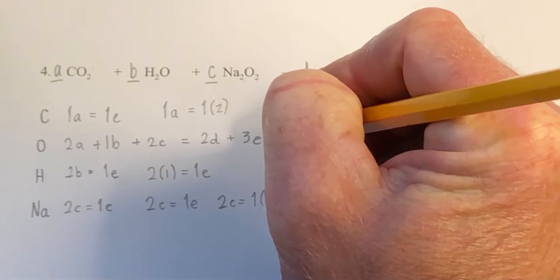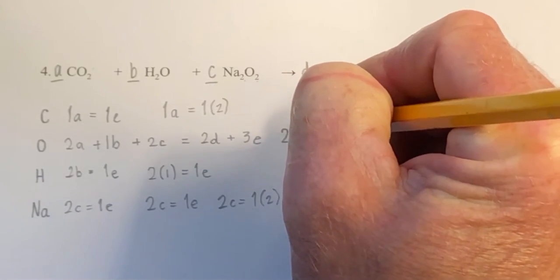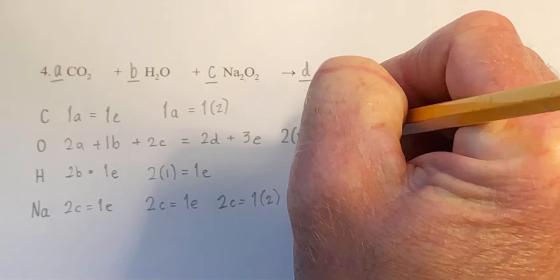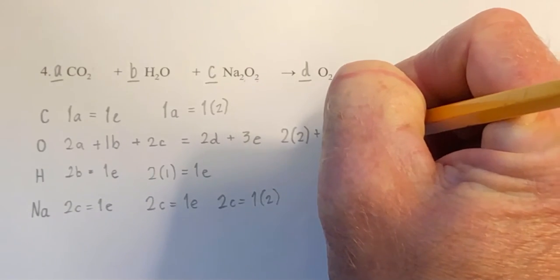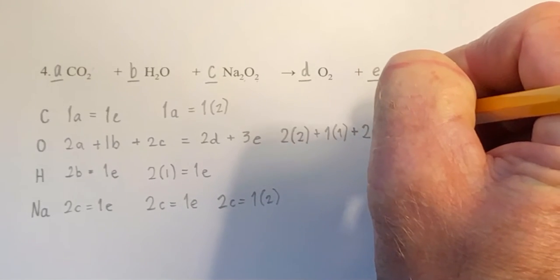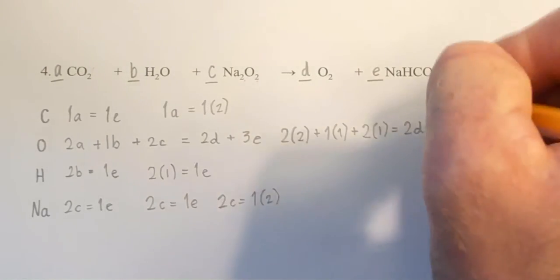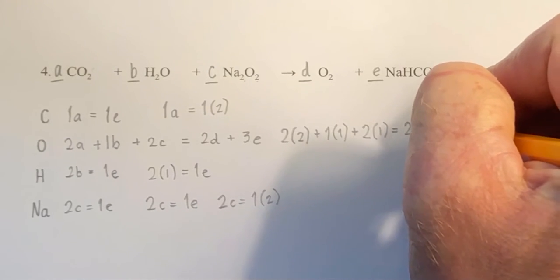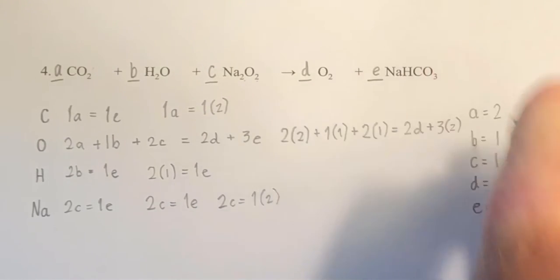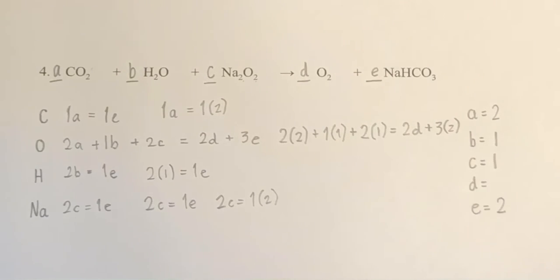Replacing the variables with their values, 2a plus 1b plus 2c equals 2d, which I don't know a value for, plus 3e. I'm going to solve for d in this case.